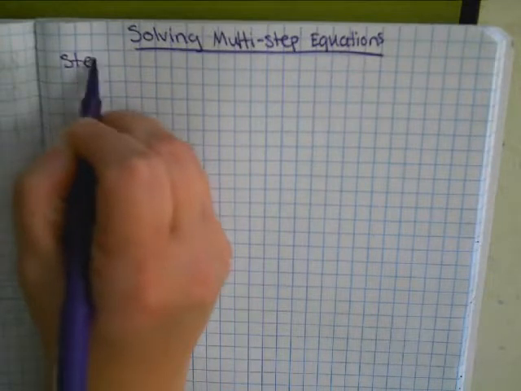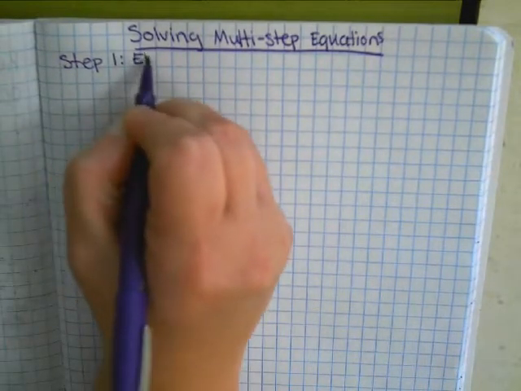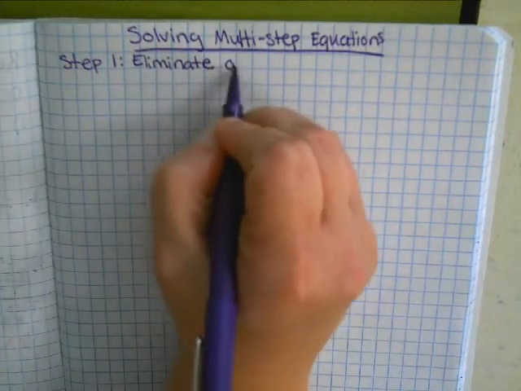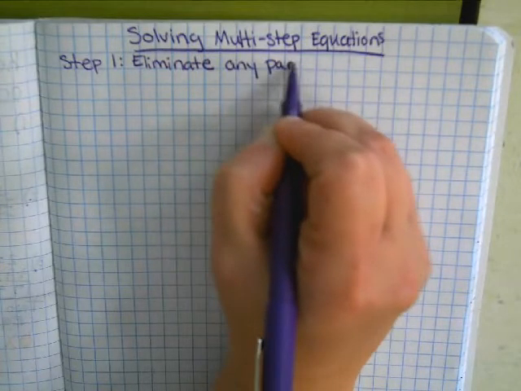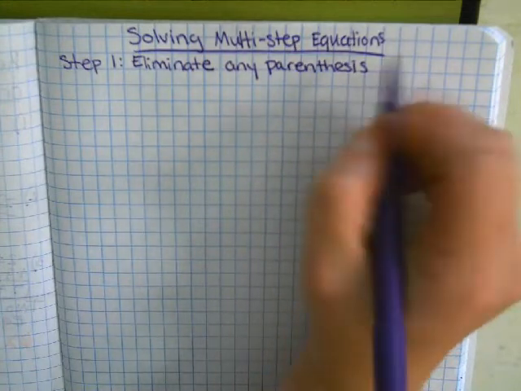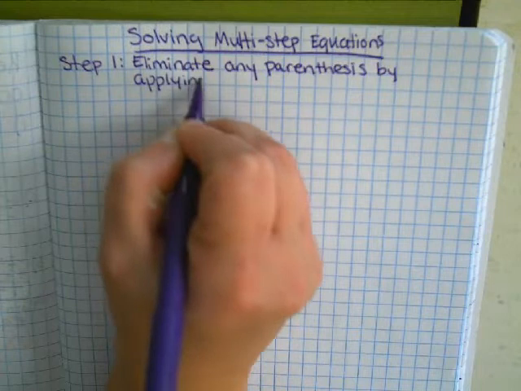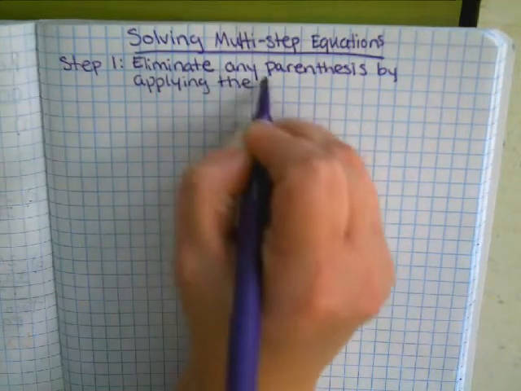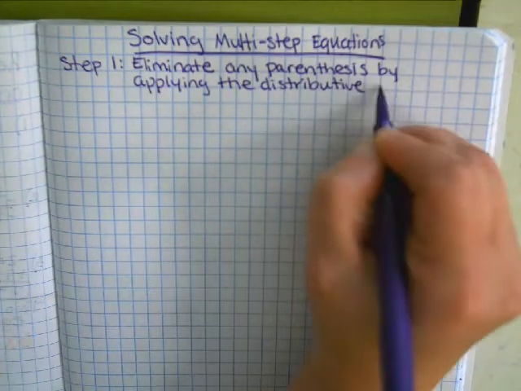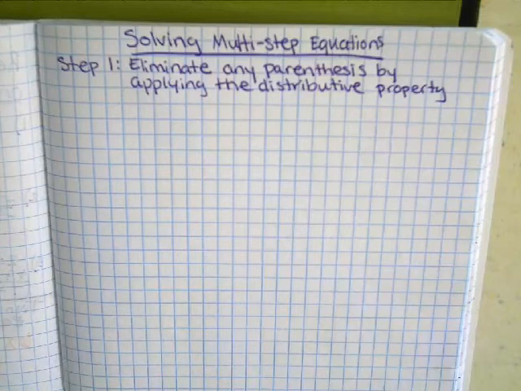Step 1. Eliminate any parentheses by applying the distributive property.